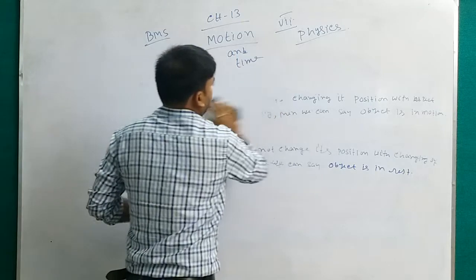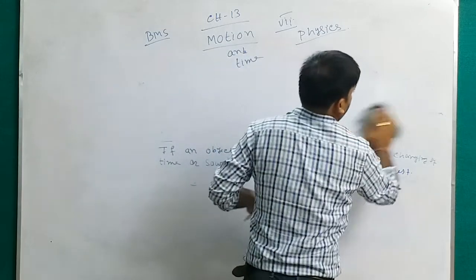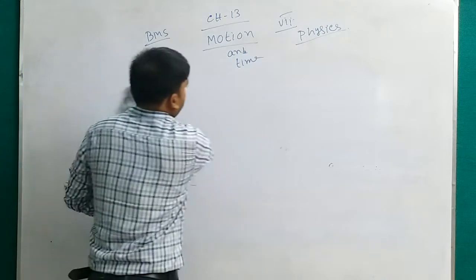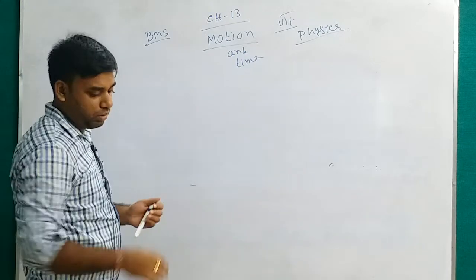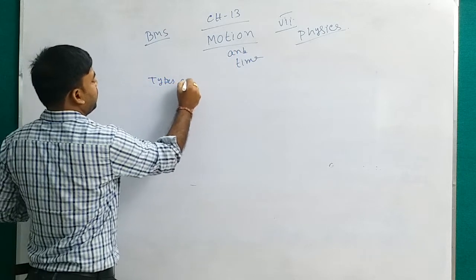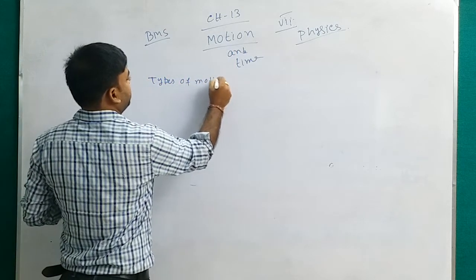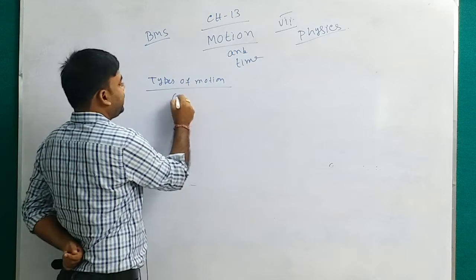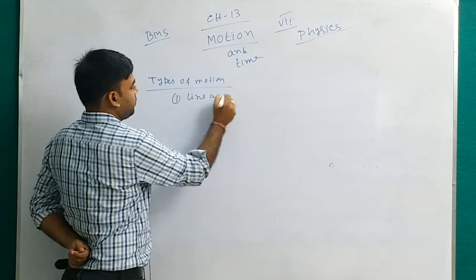Okay, now students, next we have to learn the types of motion. How many types of motion are there? Types of motion: first of all, linear motion. What is linear motion?